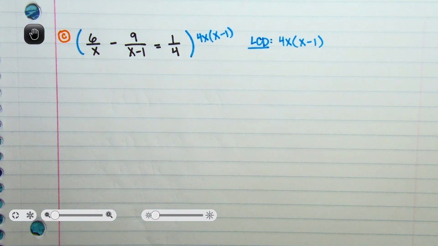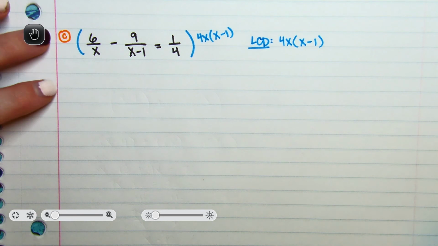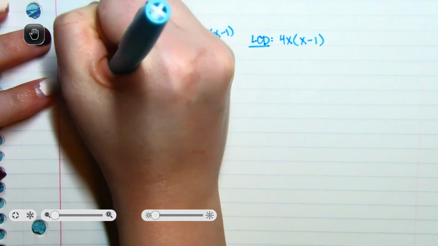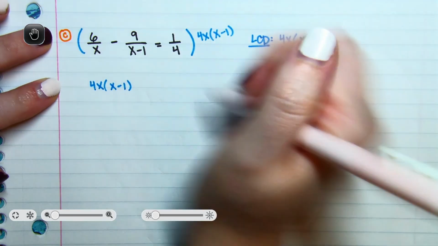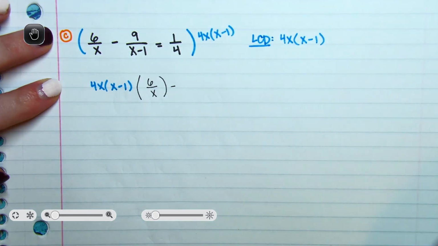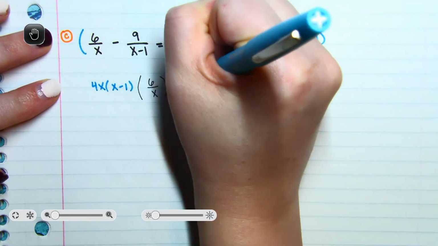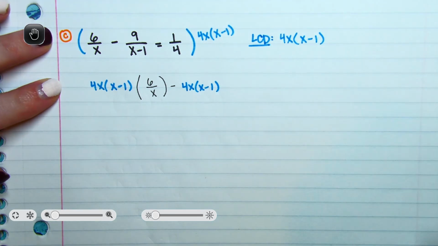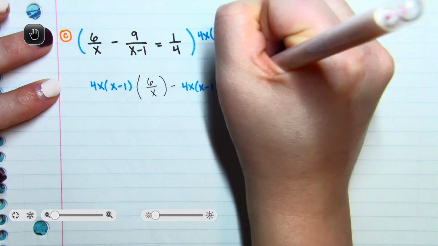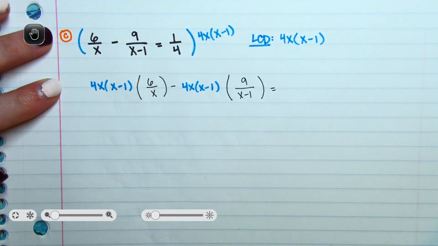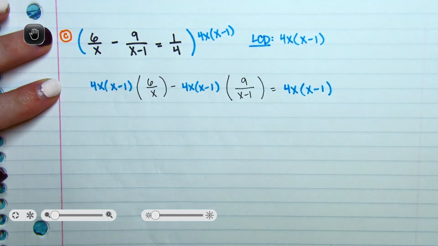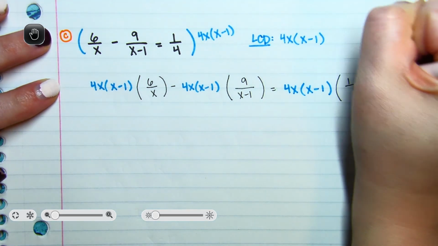And we're going to write the next step out together, and then you're going to try simplifying this on your own. All right, so we're going to have the 4x times x minus 1 times 6 over x minus, my LCD again, 4x times x minus 1, times my second fraction, equals LCD times 1/4.